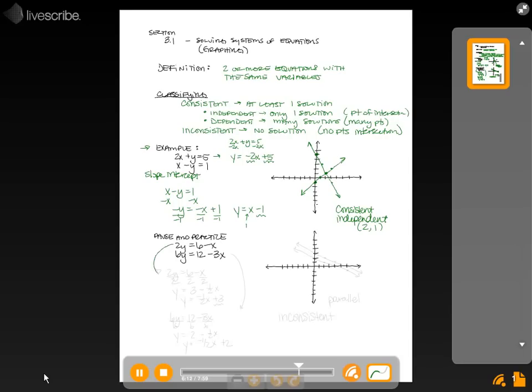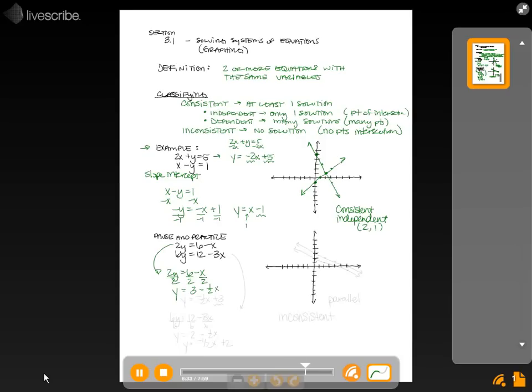Let's start with this first one. 2y equals 6 minus x. Let's get y by itself in slope-intercept form. So we're going to divide everything by 2. That gives us y equals 3 minus, there's really a 1 in front of that x, so it's 1/2 x.